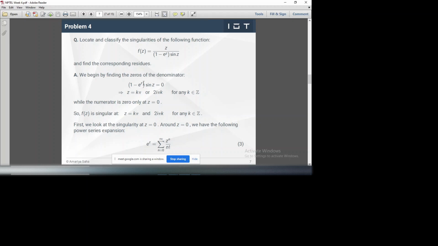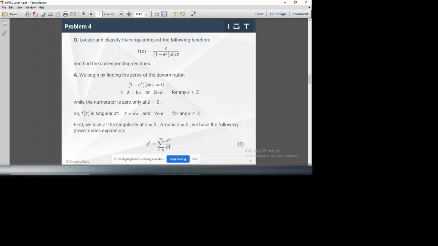The denominator is 0 at these points, and at the locations of zeros of the denominator, this function will definitely be singular, because the numerator z is already an entire function. So the zeros of the denominator are given by z equal to k pi.